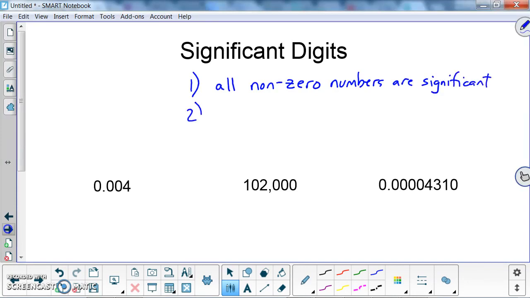Number 2, zeros between significant digits, which, by the way, that would mean all non-zero by default, but zeros between significant digits are significant.